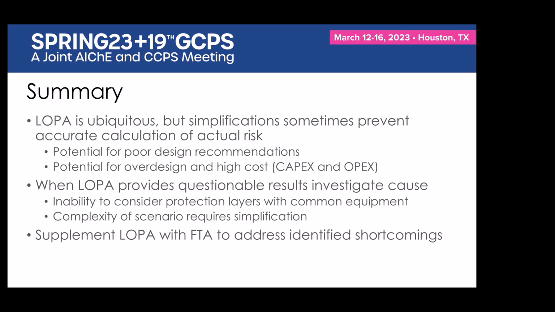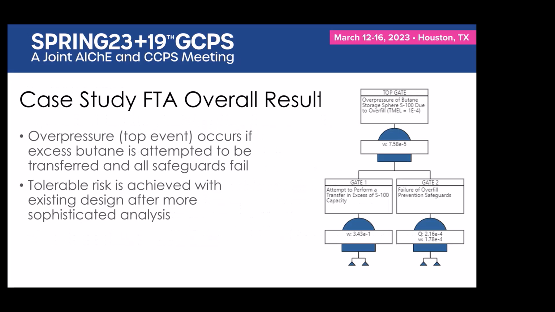When you run into these situations, it is a good idea to supplement your LOPA with a fault tree analysis, because the fault tree analysis is going to be able to address those shortcomings due to the more sophisticated analysis techniques that are available in a fault tree analysis that are not available in your typical layer of protection analysis.